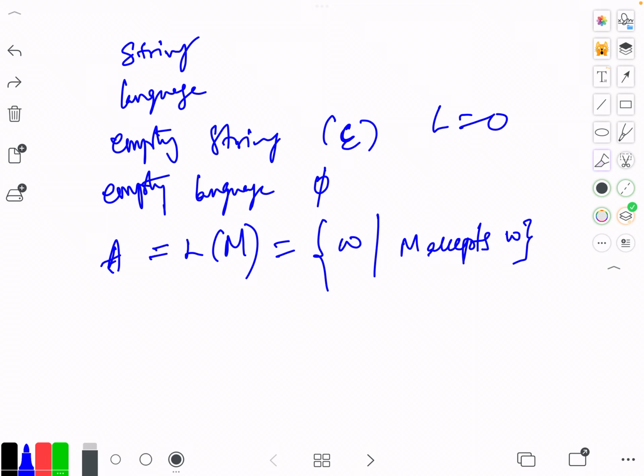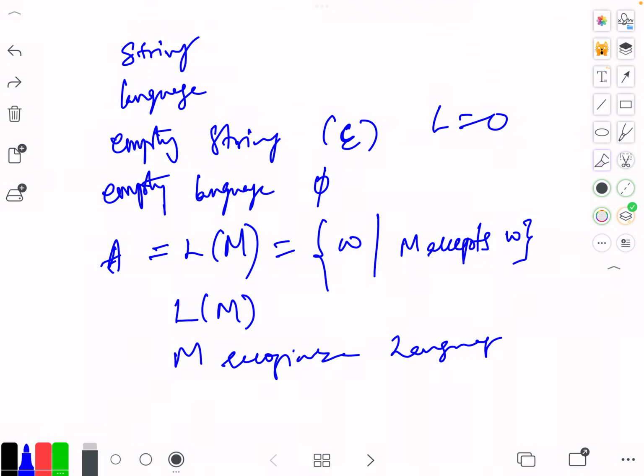And L of M is the language of model M, where M recognizes the language. Good.